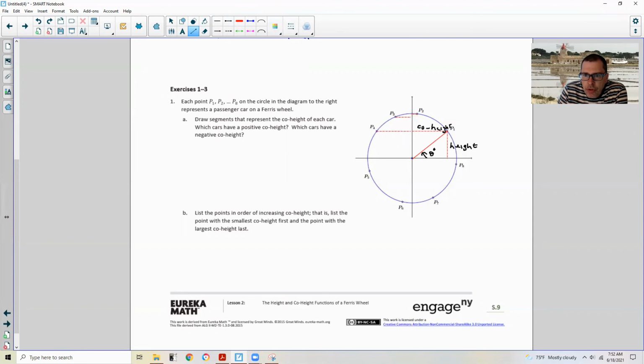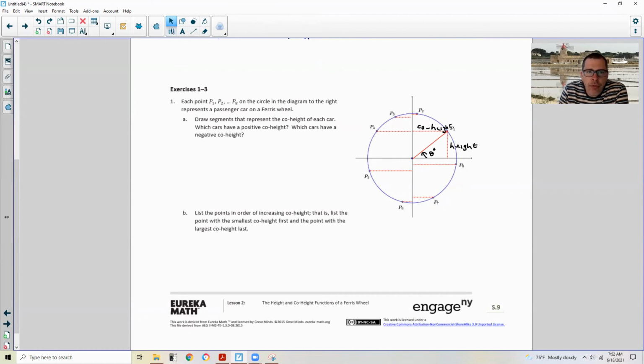So I'm just drawing these Kohheits out like so. Okay, so basically it's pretty simple. Kohheit is the distance of a point to the y-axis. Okay, so there are all of our Kohheits for P1 through P8. 1, 2, 3, 4, 5, 6, 7, 8.